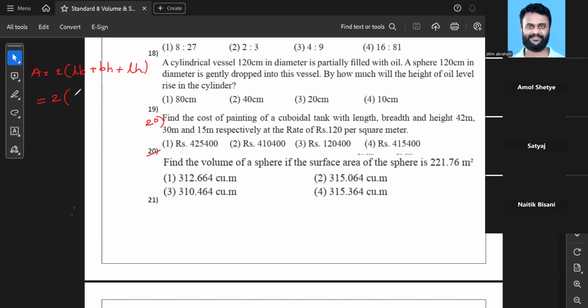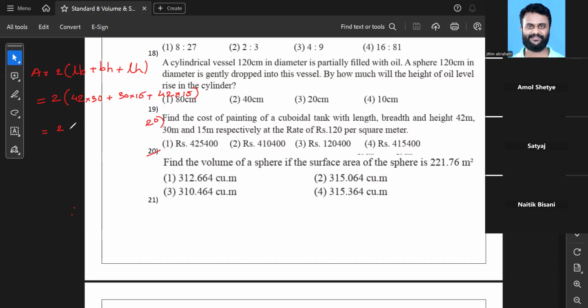Okay, so length is 42 multiplied by 30 plus 30 multiplied by 15 plus 42 multiplied by 15. Now in this case, let me take common numbers and make these numbers smaller.